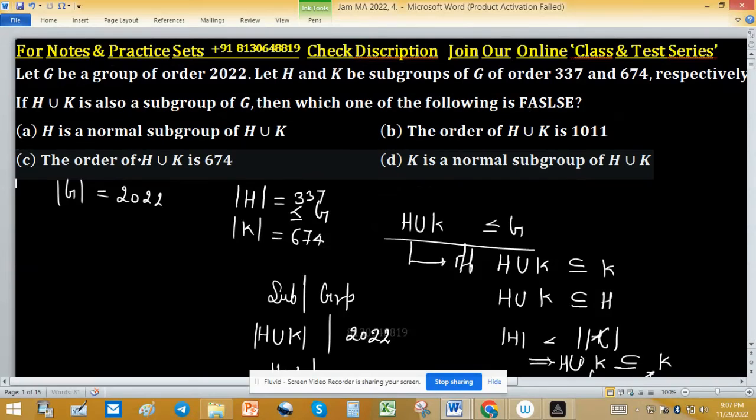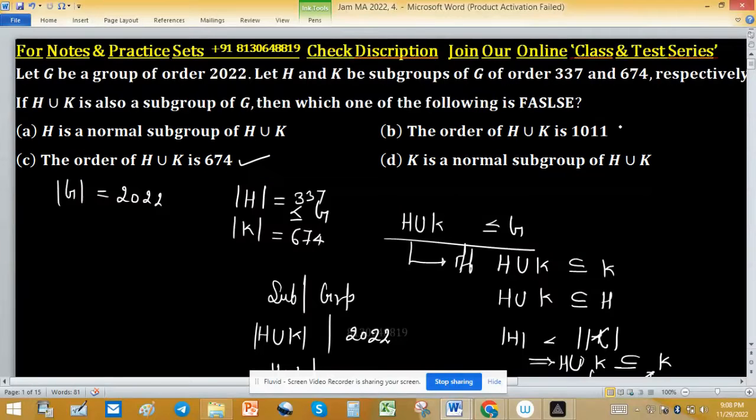Means the order of the union is 674. Now it is clear, so the order of the union cannot be 1011.